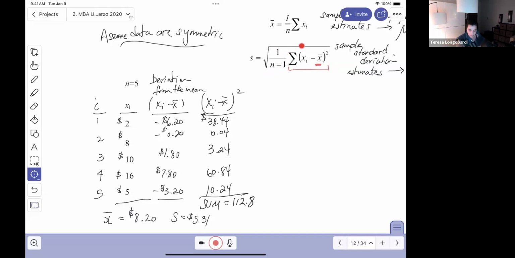It makes the number a little bit larger than it otherwise would be, so that we capture the spread. It's just a little bit larger than dividing by n. So it guarantees that we're going to have a good representation of the spread of data. That's what that's all about. It has to do with degrees of freedom. You're going to read about that in the notes. It's nothing I'm going to test you on, but that's what that refers to.